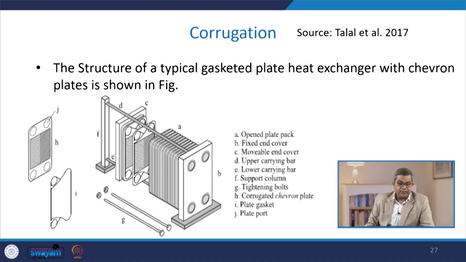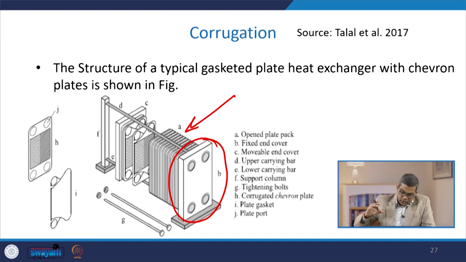Now here you see the structure of a typical gasketed plate heat exchanger with Chevron plates. This is the open plate pack. This is the fixed end cover, which is fixed, and this is the movable one. With the help of a bolt, you can tie it.